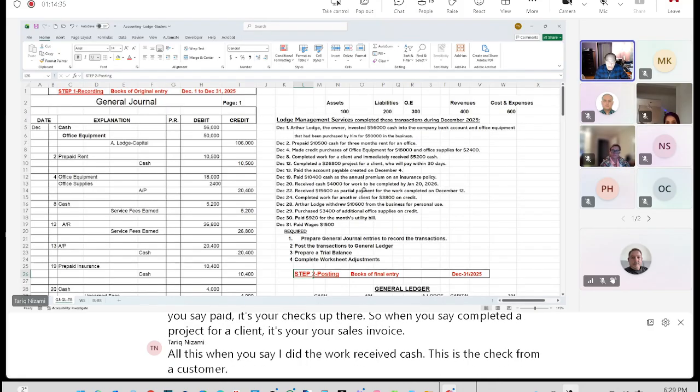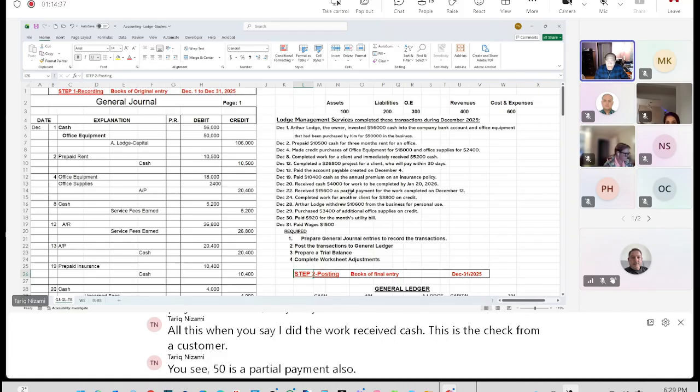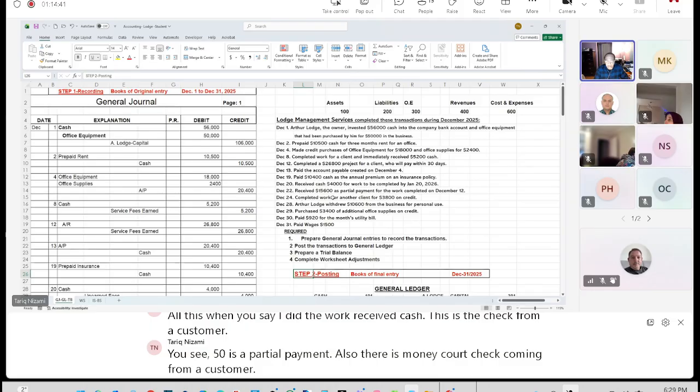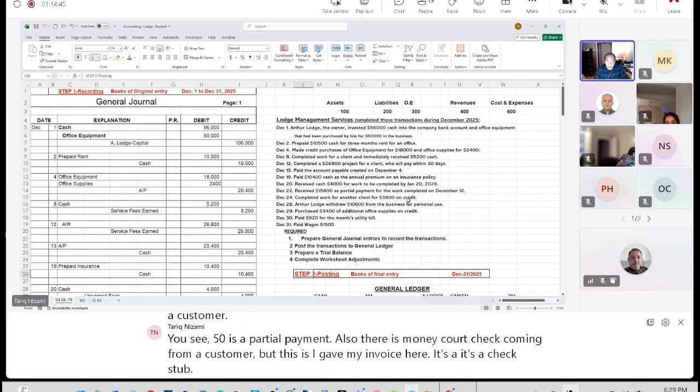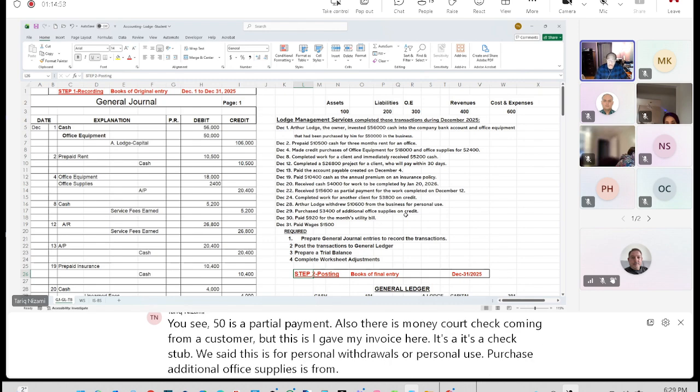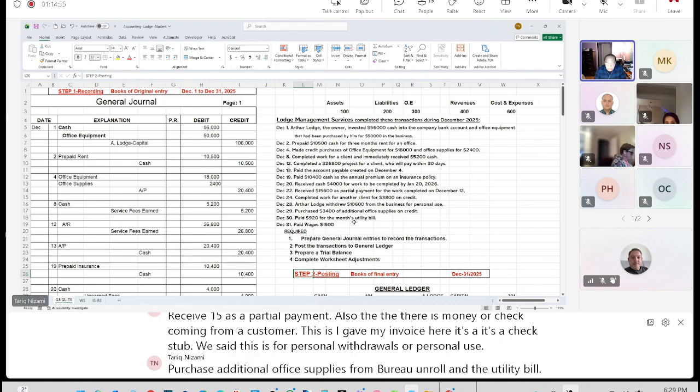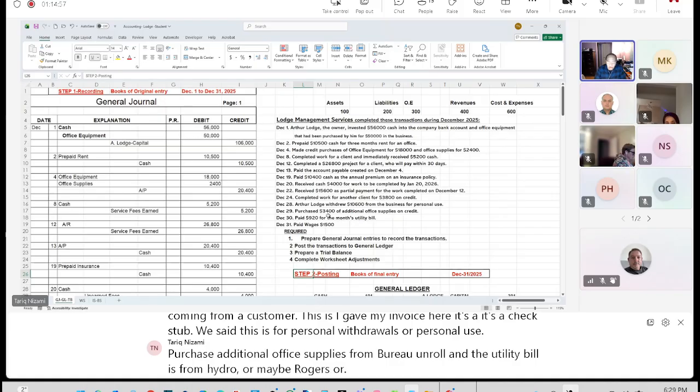Received 15 as a partial payment, also there is a check coming from a customer. I gave my invoice. Here it's a check stub. We said this is for personal withdrawals or personal use. Purchase of additional office supplies is from Bureau en Gros, and the utility bill is from Hydro or maybe Rogers, it doesn't really matter.